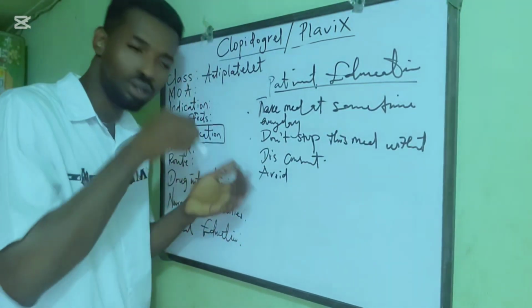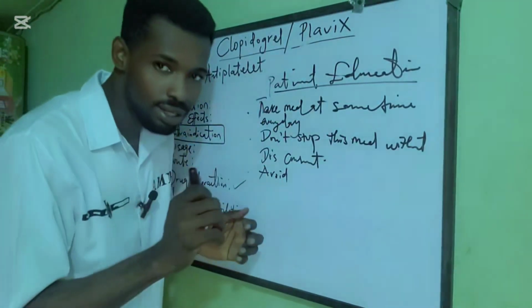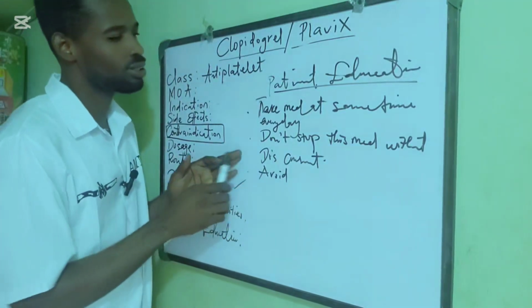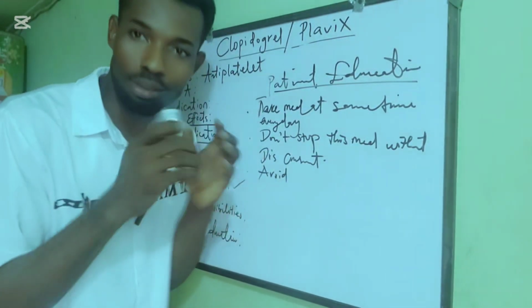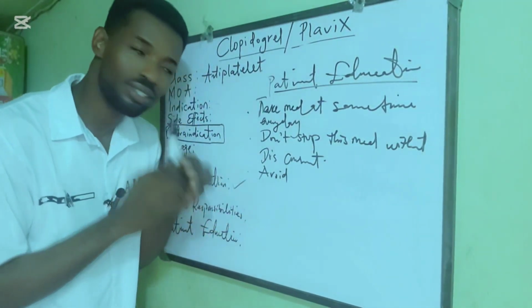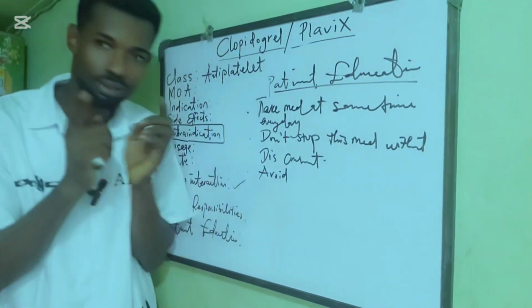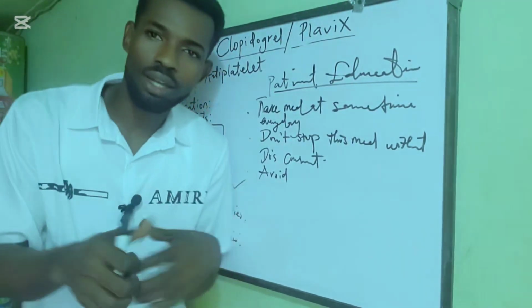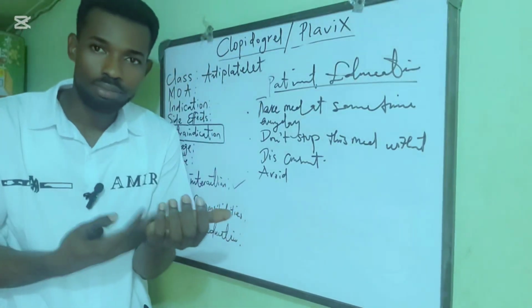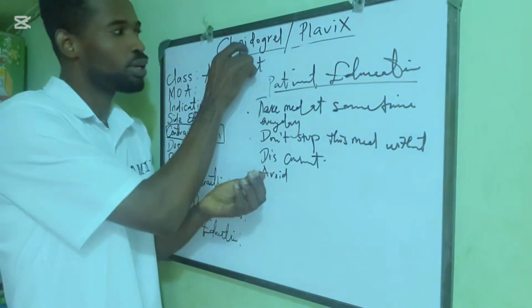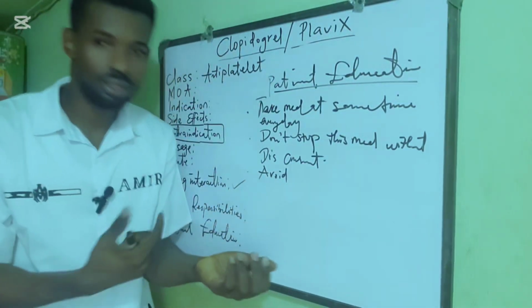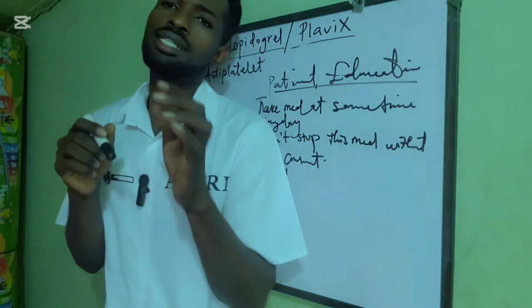If it is 8 o'clock today, the next day by 8. The second thing is don't stop taking this medication without the doctor's consent. You don't just wake up and then stop taking this medication. Don't do that. And avoid anything that will bring about bruising, because this medication will make you susceptible to bruises.